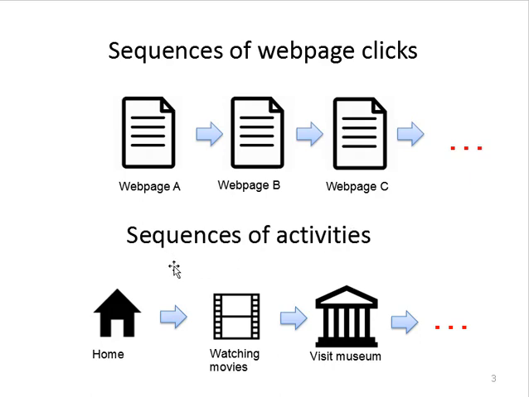Another example, you can see on the bottom, a sequence of activities, what you do during the week or during a day. First you go home, then you go to the cinema to watch some movies, you go to a museum, and so on. So it is a sequence of activities. It is also a sequence of events or symbols.